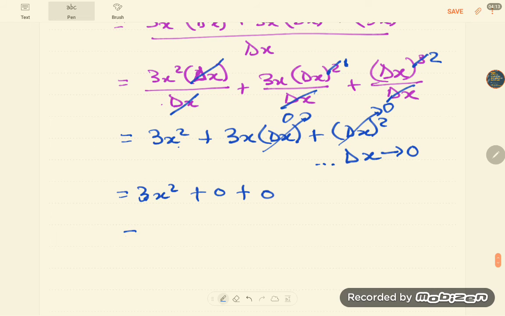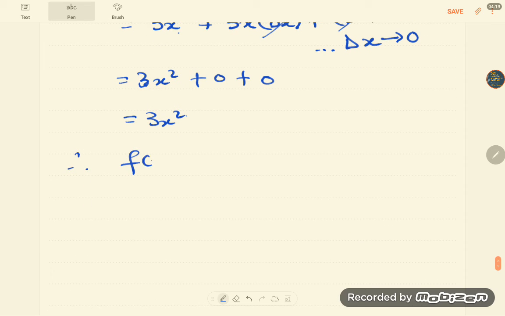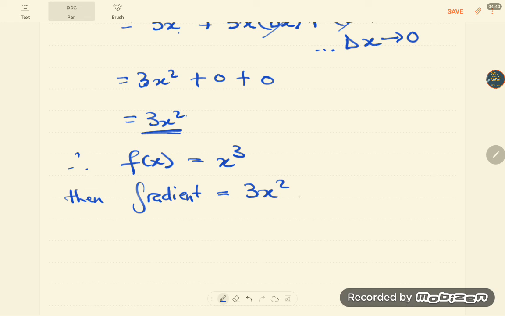So our final answer will be 3x squared. So therefore, just to summarize this off, f of x is x cubed. Then you'll notice that the gradient function is 3x squared. Okay, let's move on to the next example.